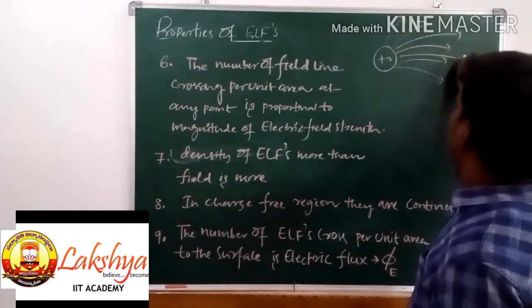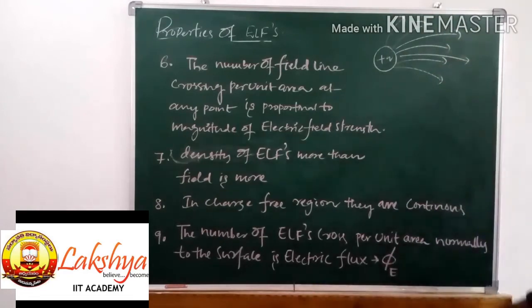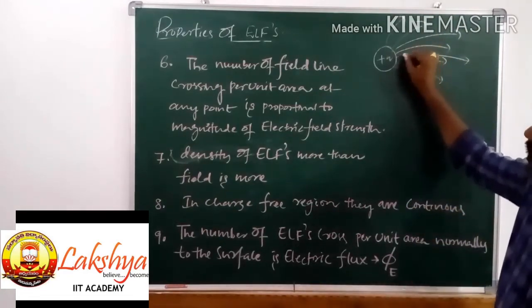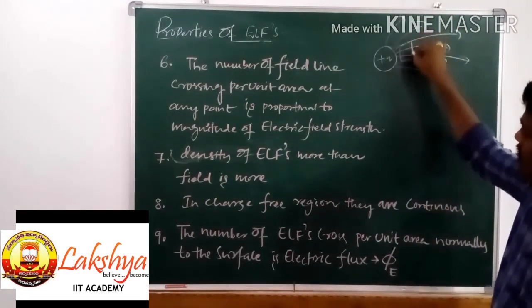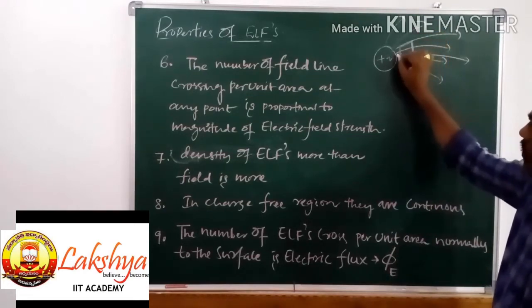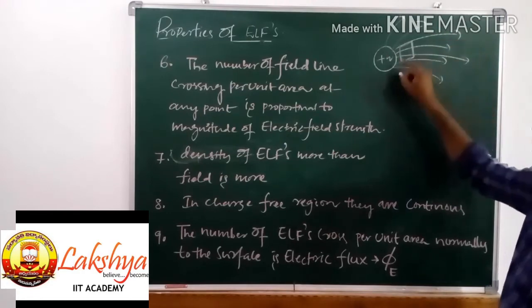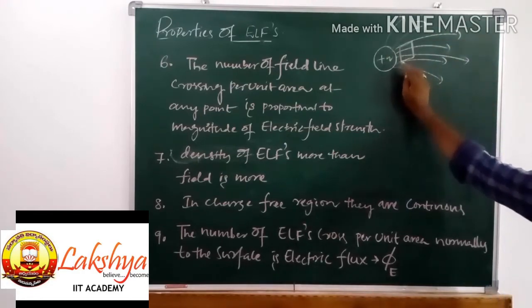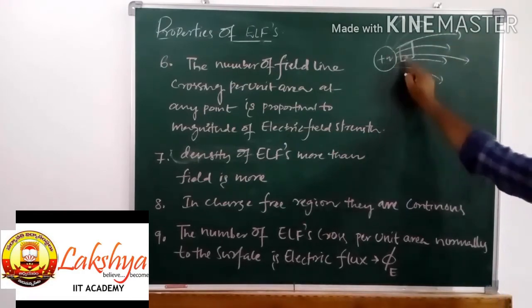Here you can expect more number of lines. If you take a unit area in this region, more number of lines are going to pass through it, so the electric field will be more and the strength of the electric field will be more here.